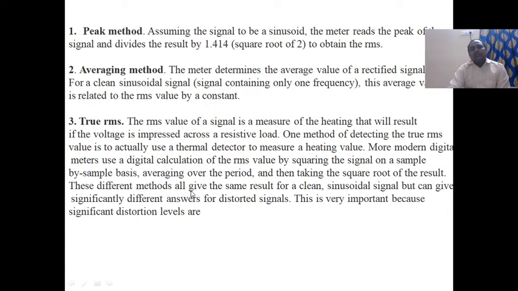These different methods all give the same result for a clean sinusoidal signal but can give significantly different answers for distorted signals. This is very important because with significant distortion levels, a true RMS multimeter is very useful.